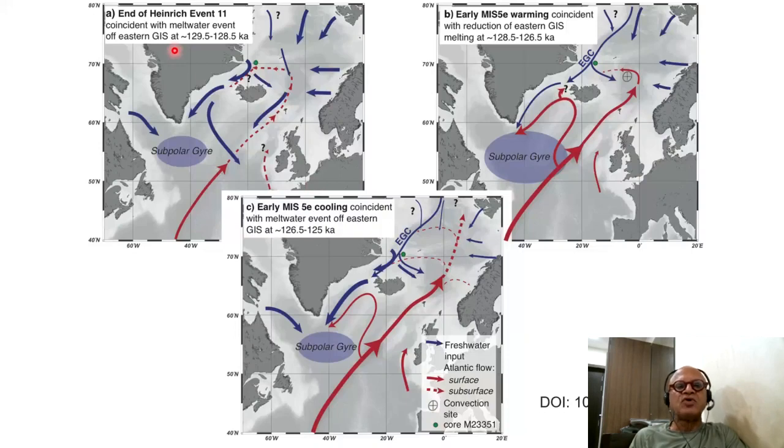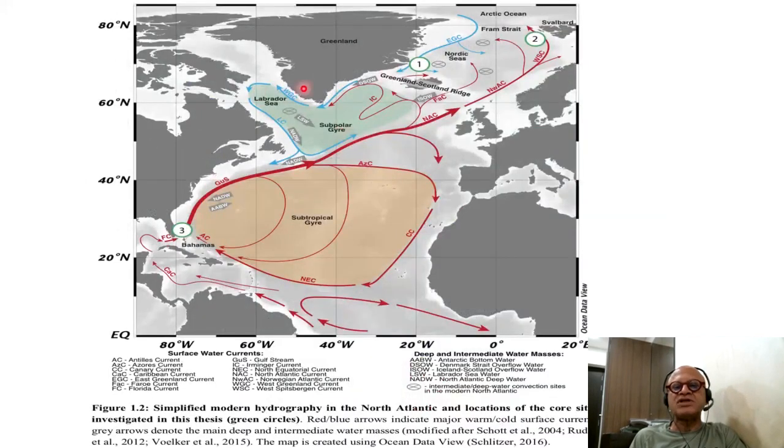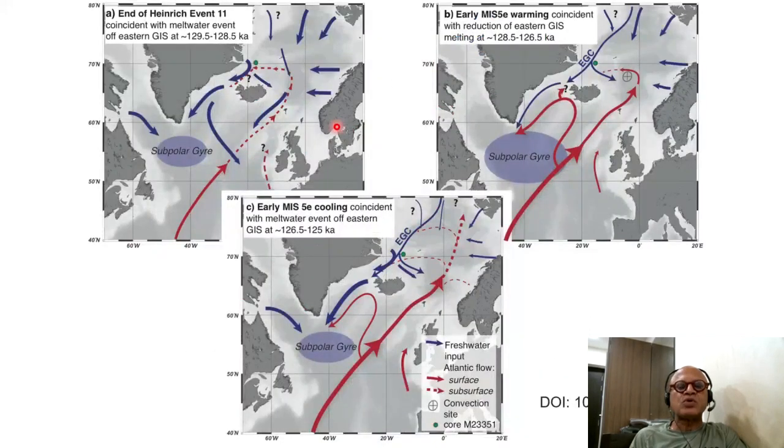If you remember, Heinrich events are when icebergs are drifting down and changing the salinity structure and the deep water formation here, and affecting the heat transport, because if you don't sink enough water, then you don't bring enough water to compensate in terms of mass conservation, so you don't bring as much heat northward and so on.